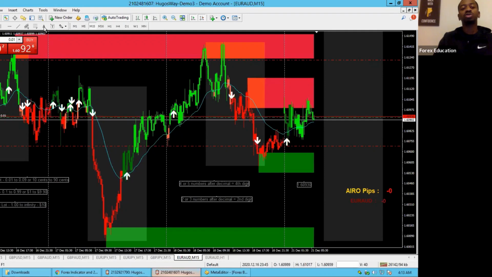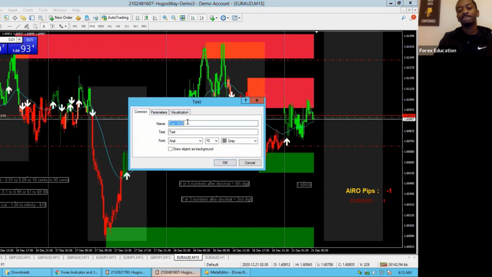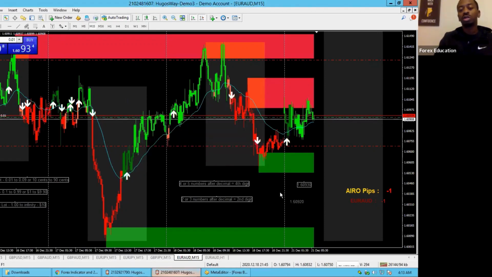So if price goes to 1.60920, we have price has gone down 1 pip.